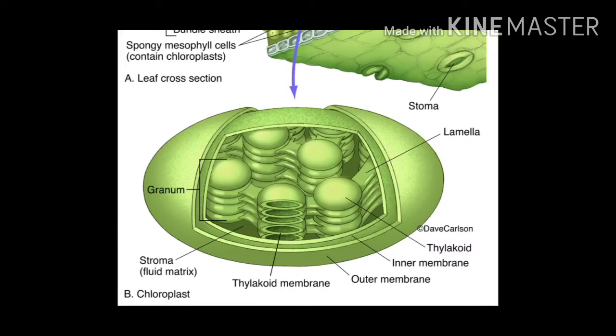Then two major kinds of chlorophylls are also associated with thylakoid membrane. Each coin-like structure is called a thylakoid. Its membrane is present, and inside a hollow gap which is called the lumen is present. So this thylakoid membrane is associated with chlorophyll. So basically we have two types of chlorophyll: chlorophyll A, which is blue green in color, and chlorophyll B, which is yellow green in color.